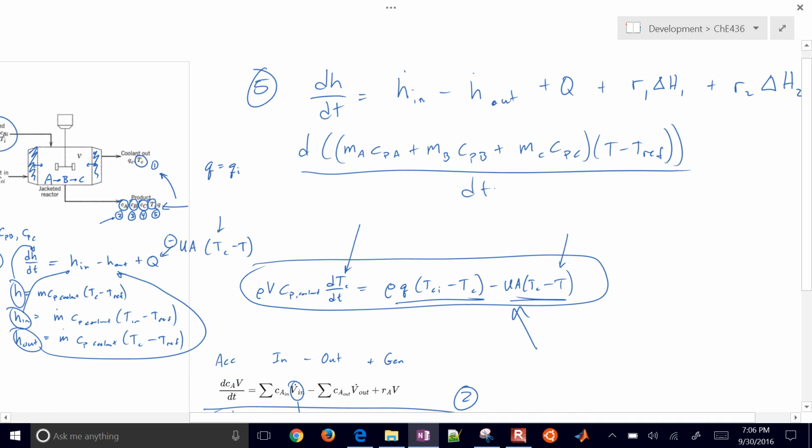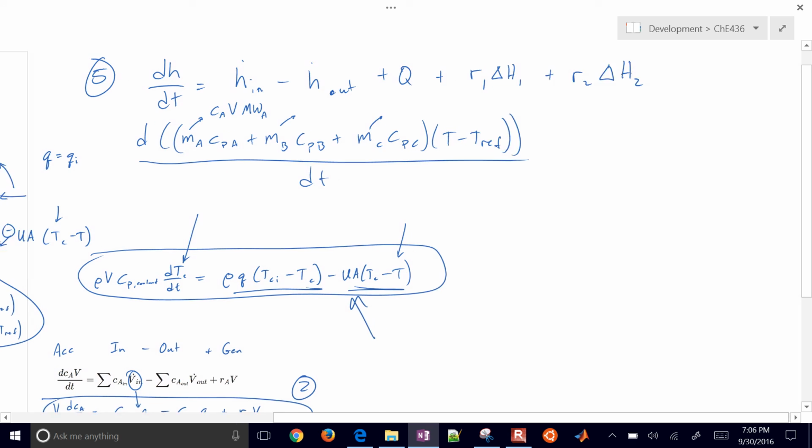For each of these, we're going to have the concentration of A times the volume, times the molecular weight of A. So just go ahead and do that for each of those. Plug those in related to the concentrations.